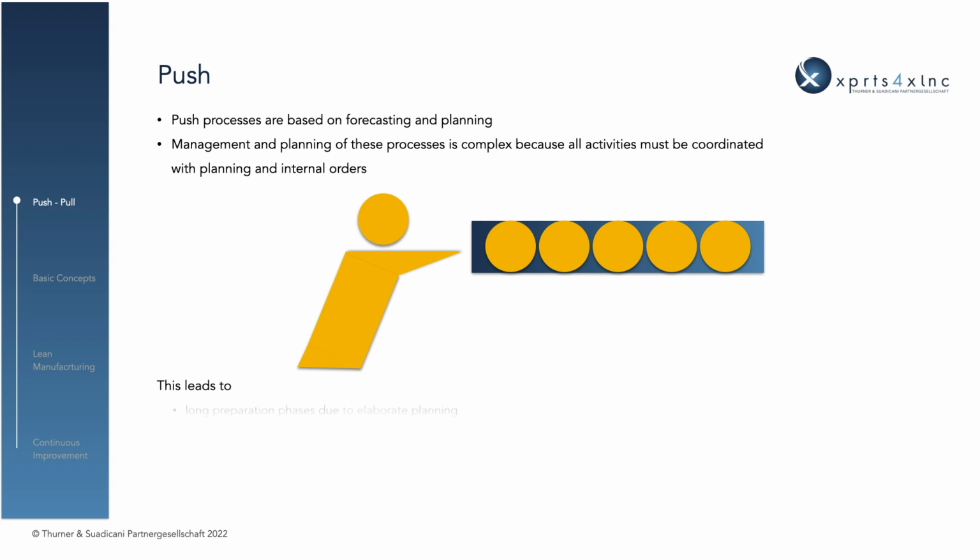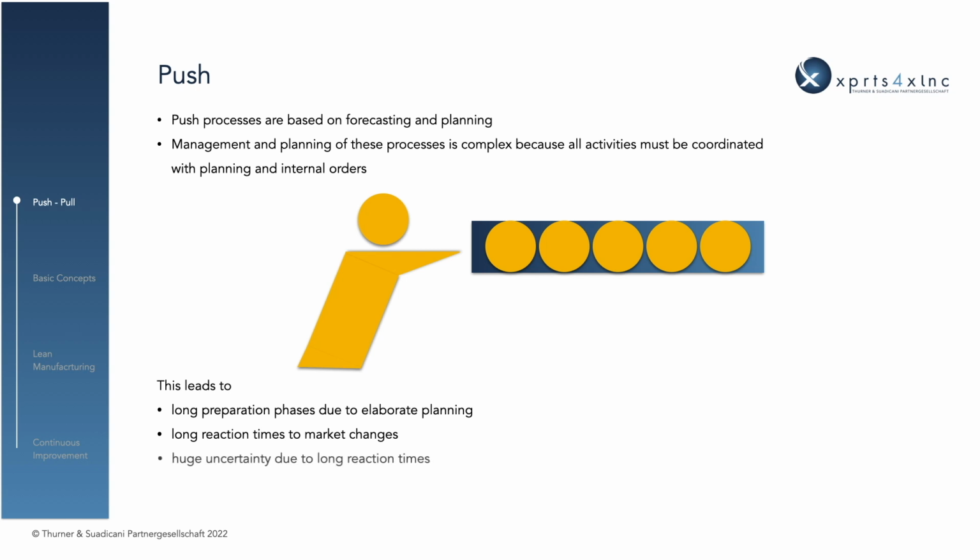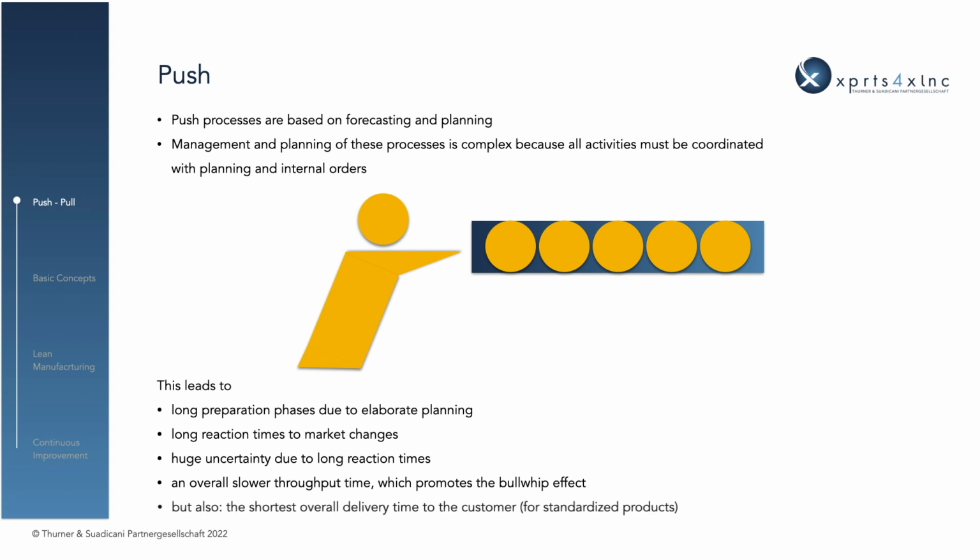And this leads to long preparation phases due to elaborate planning, long reaction times to market changes, huge uncertainty due to long reaction times, an overall slower throughput time, which promotes the bullwhip effect, but also the shortest overall delivery time to the customer for standardized products.